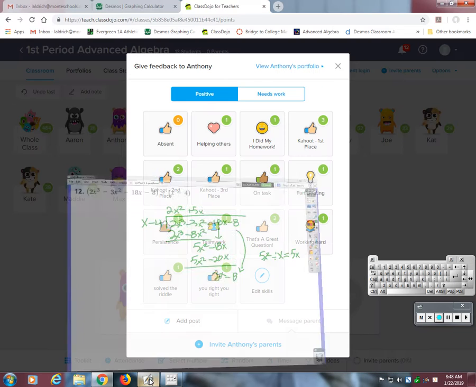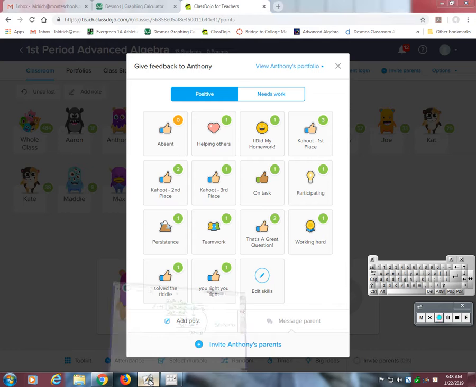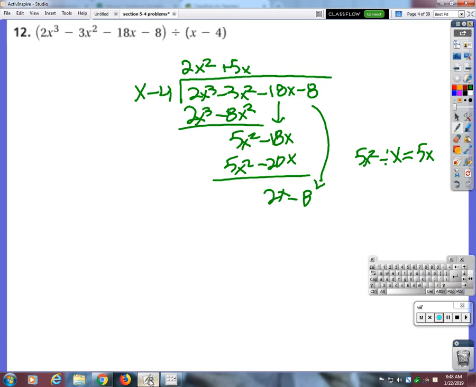All right, who came up there? Anthony? What do I put up here next? What is 2x divided by x? It's 2, yeah. 2x divided by x is 2, so I got plus 2 right there.